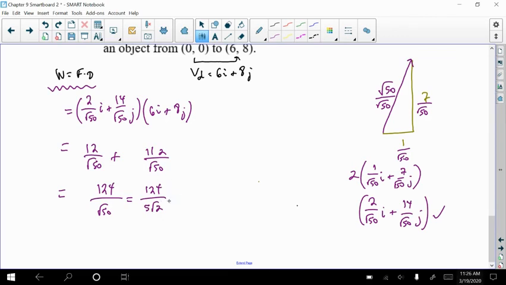If you wanted to rationalize that and multiply by root 2 over root 2, you certainly could, to get 124 root 2 divided by 5 times 2, which would be 10. But then I realized we have an even number, so that could be 62 root 2 divided by 5. And again, if I made any arithmetic mistakes, please let me know in the comments.